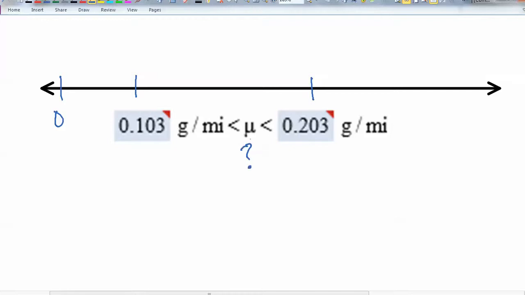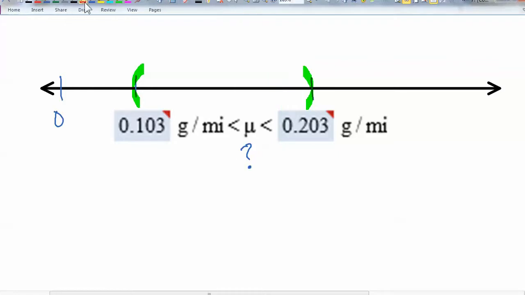We don't know where exactly it fits, but we've created this confidence interval that we are 98% confident is wrapping around that mean somewhere in here. Maybe the mean's there, maybe the mean's there, but maybe the mean is up here.